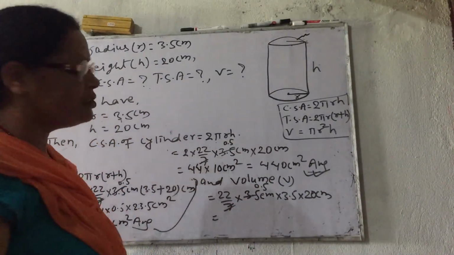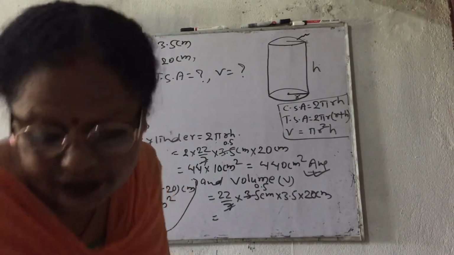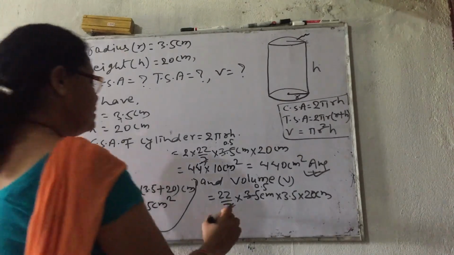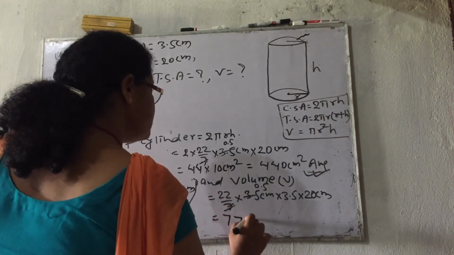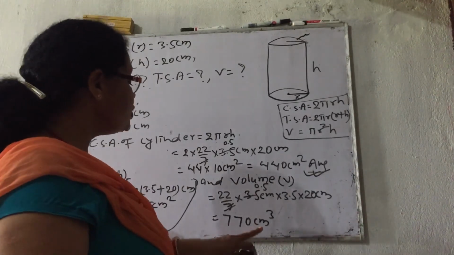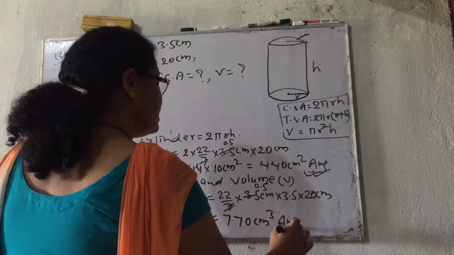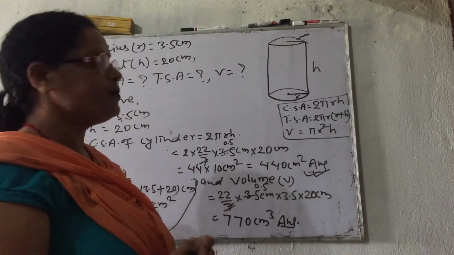After multiplying all these you will get 770 cm cube. The unit of volume will be cm cube. So 770 cm cube will be its answer.